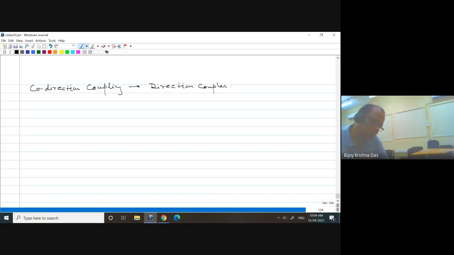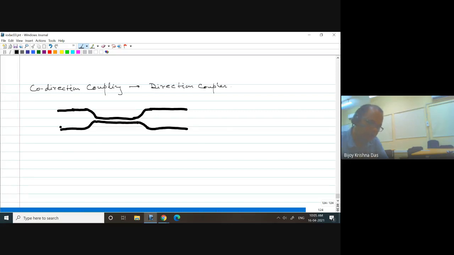And so if you just consider a directional coupler of certain length, probably something like this, so this is the two waveguide.